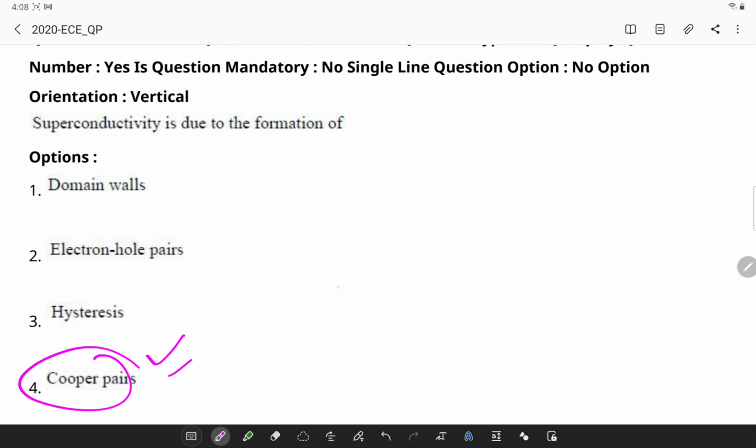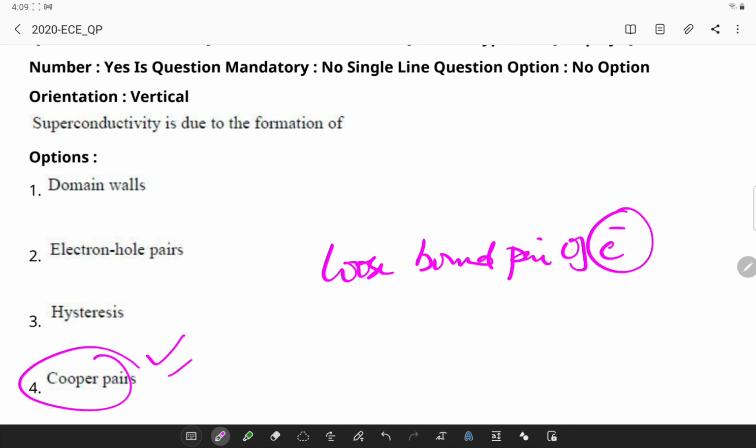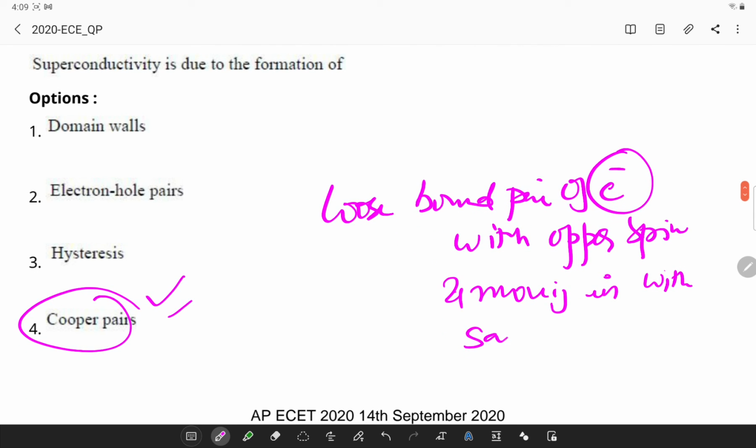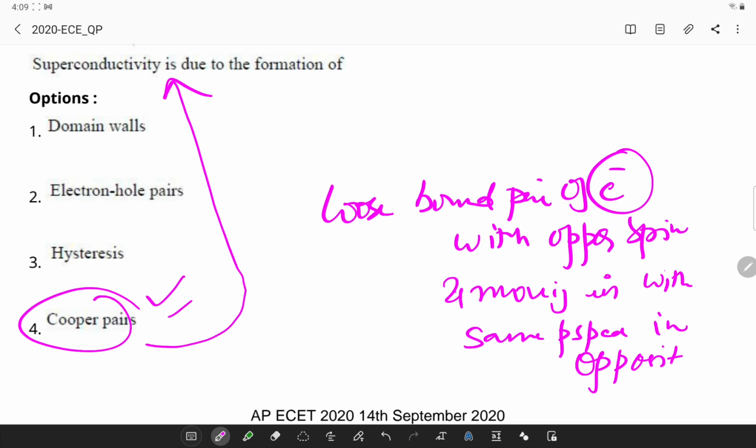So basically Cooper pairs are loosely bound pairs of electrons with opposite spin and moving with the same speed in opposite directions. So this is one of the reasons for the phenomenon called superconductivity.